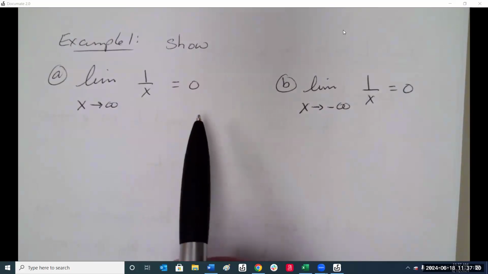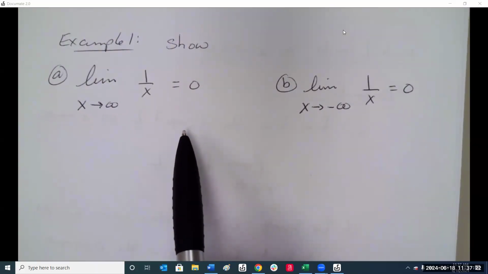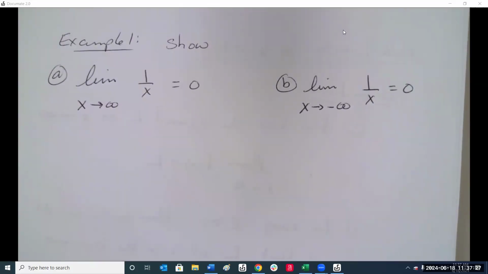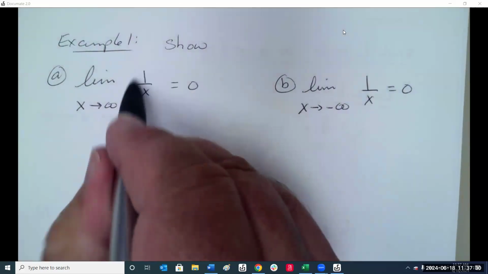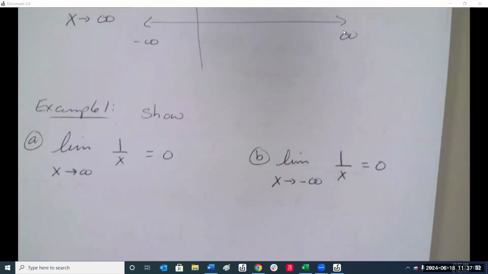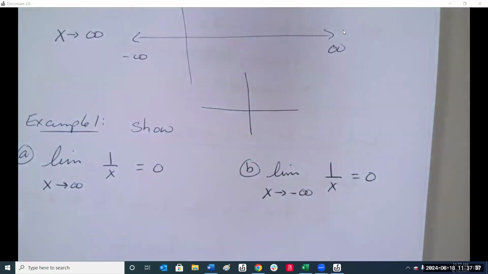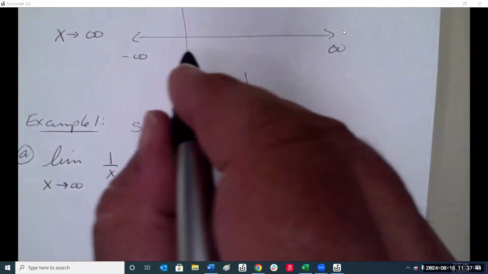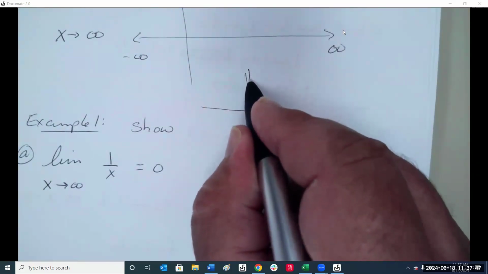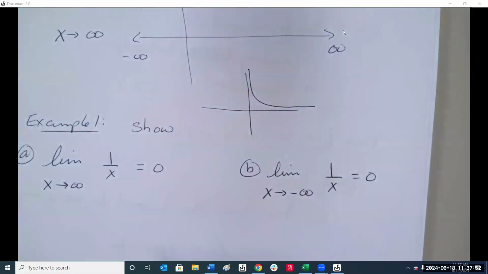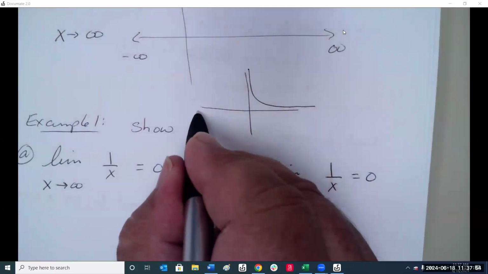So to begin with, algebraically, as x goes to infinity, is this a true statement? What's the graph of 1/x? The closer it gets to 0, the bigger it gets, and the closer it gets to infinity, the lower it gets. And same thing with the negatives.